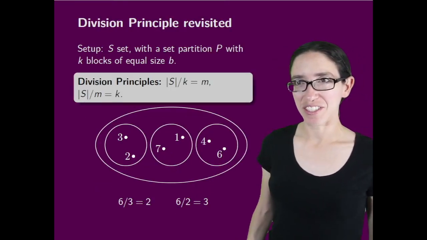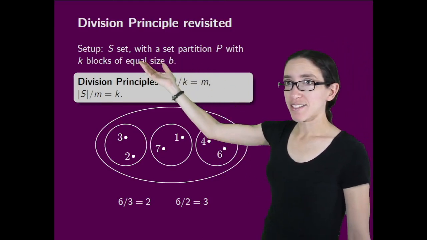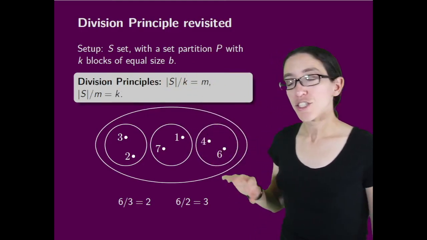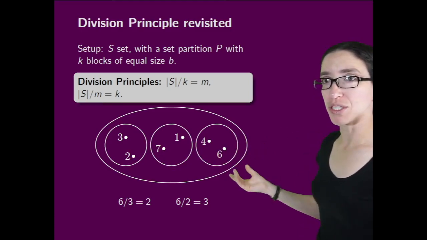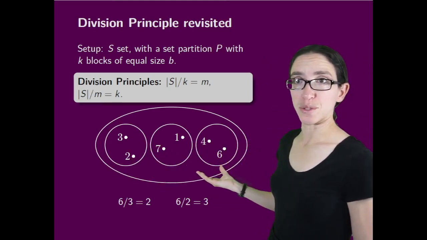Now let's revisit the division principle from the perspective of set theory. So the setup is you have a set S with a set partition P having k blocks of equal size B. So in general, set partitions don't have to all have the same size blocks, but for the division principle, the setup is that we have all 3 subsets here of size 2 in this example.